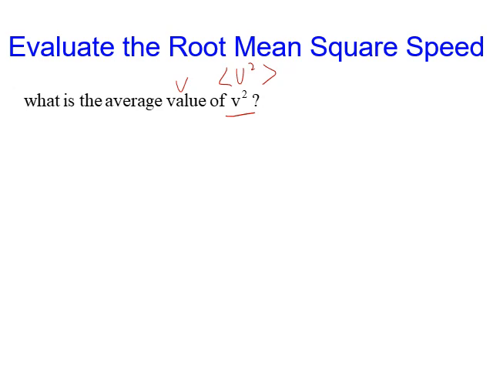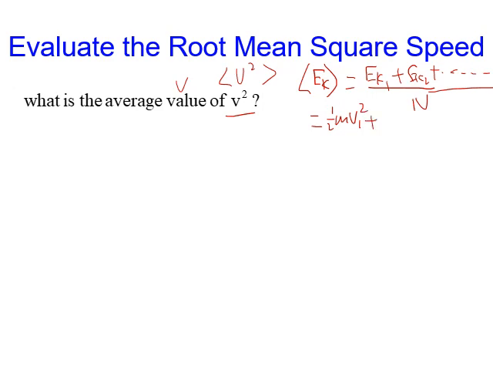Suppose we want to find out the average kinetic energy. You add the kinetic energy of molecule 1 plus the kinetic energy of molecule 2, and so on, for all molecules, divided by the total number of molecules. That's the average kinetic energy. And the kinetic energy is calculated by half mv squared.